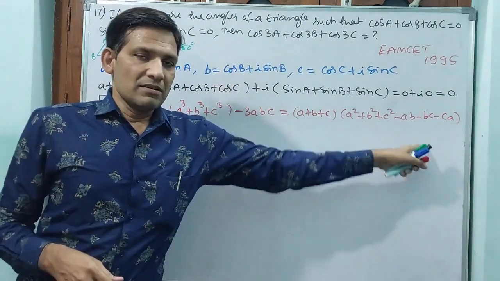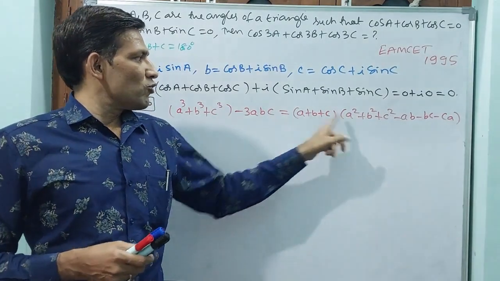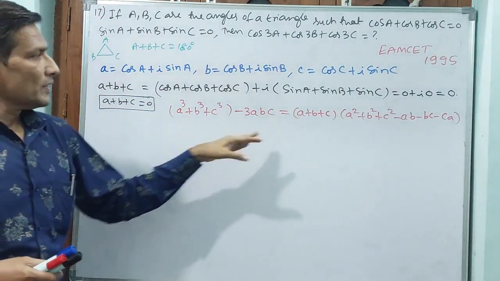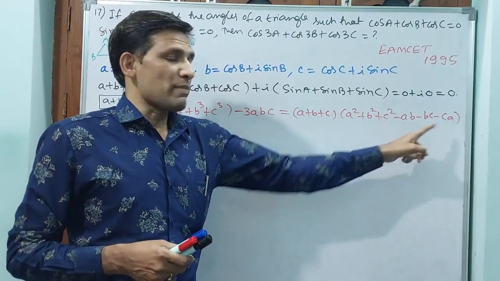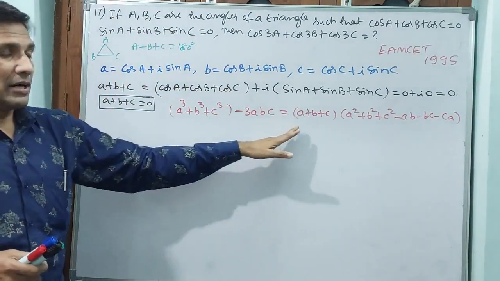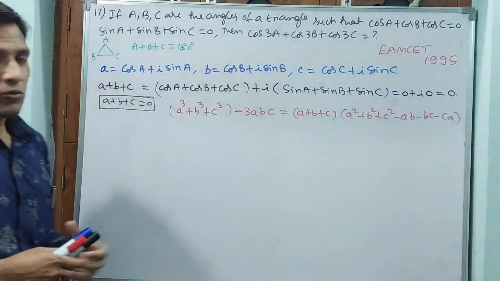Shall I write like this? If you multiply this, A cube, B cube, C cube will come. Afterwards minus ABC, minus ABC, minus ABC, minus 3ABC will come. Remaining all are going to get cancelled out. This is required for us to prove this question.